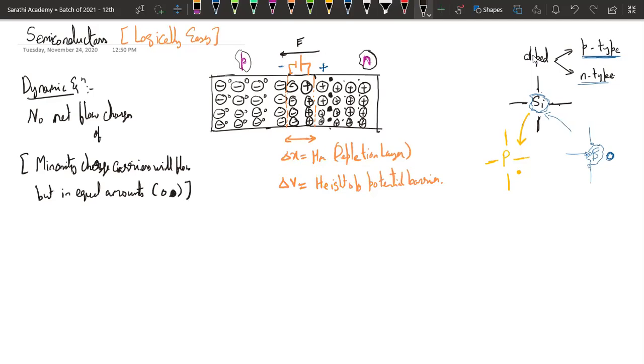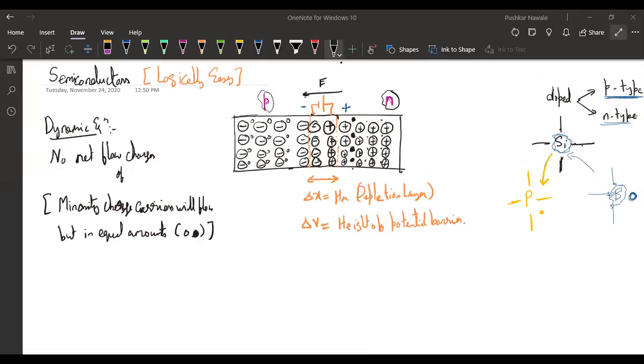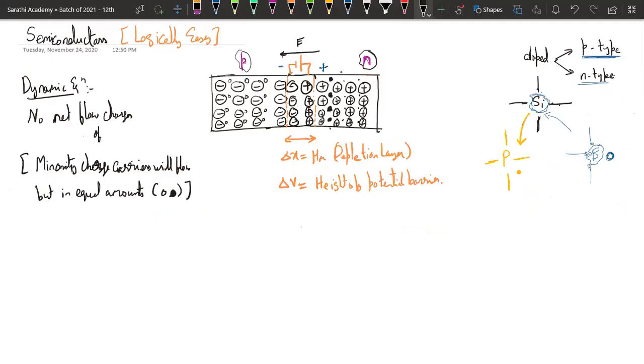So because they are flowing in equal amounts, that is why there is no net charge. कोई net charge flow नहीं करेगा circuit में. ठीक है. So ये हो गया मेरा dynamic equilibrium.